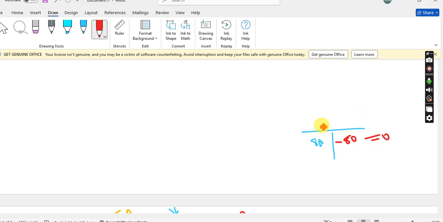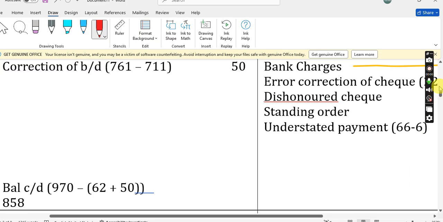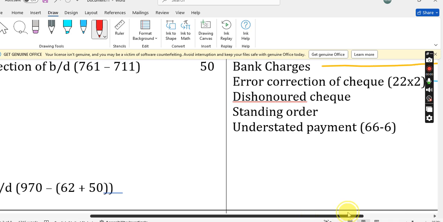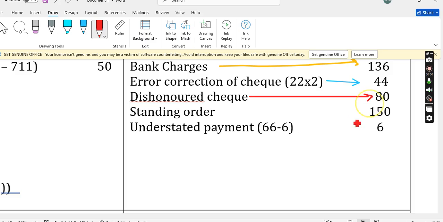So just remember, this T account, the way it works is you're always subtracting debit minus credit or credit minus debit. Okay? So we'll debit dishonored check here, 80 kwacha. Credit. Yes, we credit.